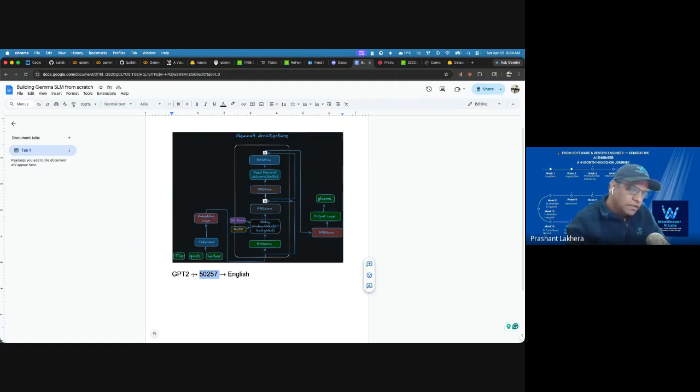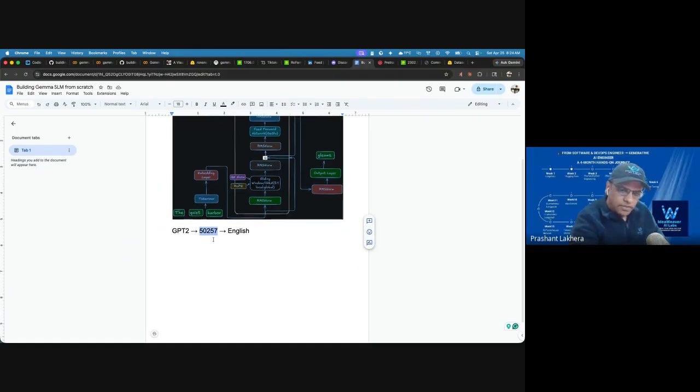Later on, I built my own tokenizer from scratch, and I'm going to show you how to build it. But to understand, I started with this GPT-2 tokenizer, which has a token size of 50257. If I use this sentence itself, it breaks everything into tokens in the simplest terms.